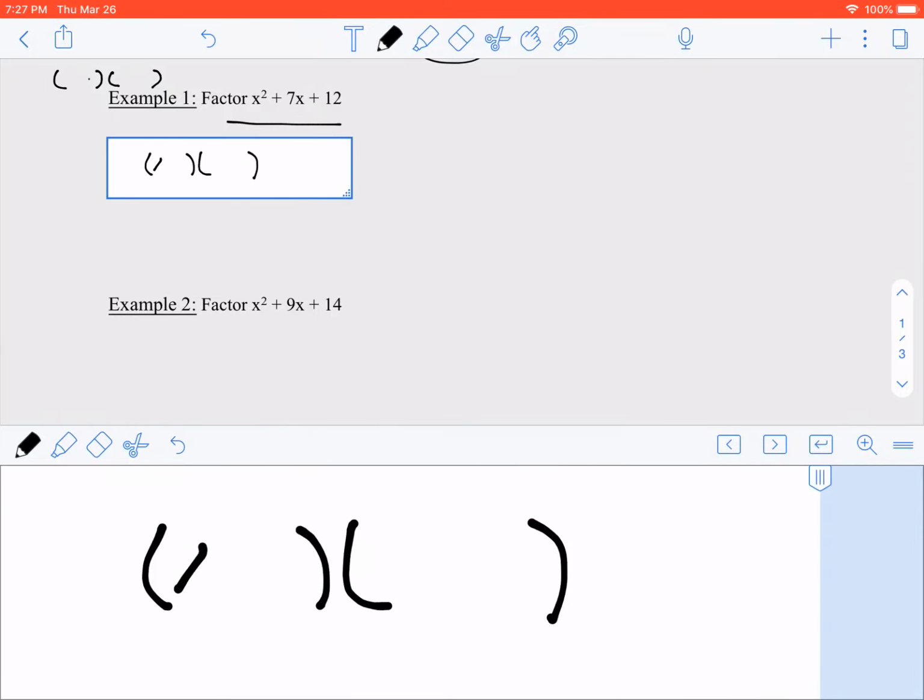I know an x has to go here, and I know an x has to go here. Okay? How do I know that? Because I know x times x is the only way I can get x squared.